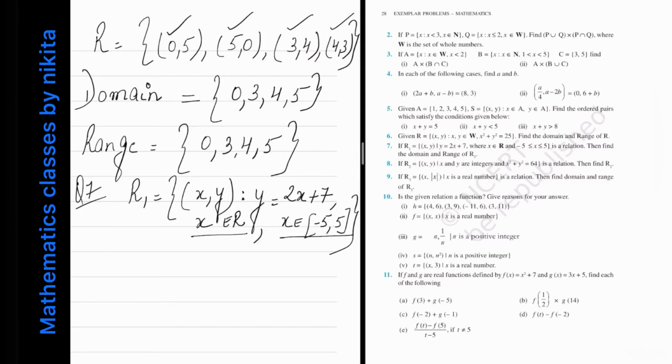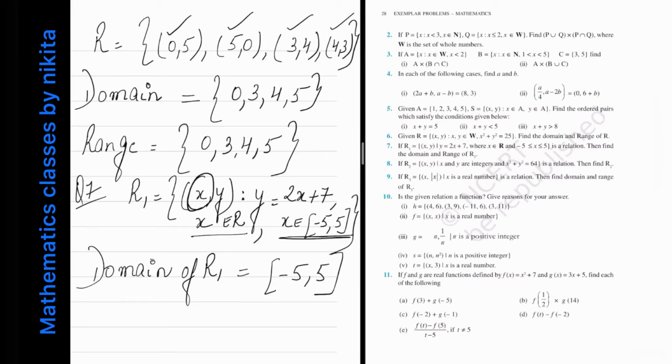There are infinitely many real numbers between -5 and 5, including both -5 and 5. So therefore domain of R1 is equal to -5 to 5, because domain is the set of all first elements. The first element here is x, and x is coming from this closed interval -5 to 5.